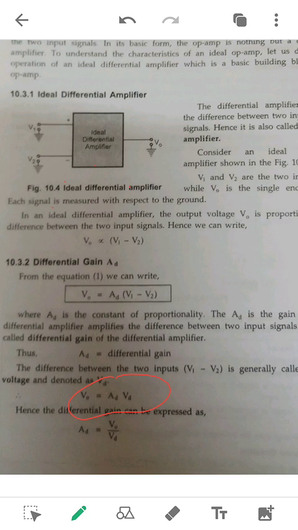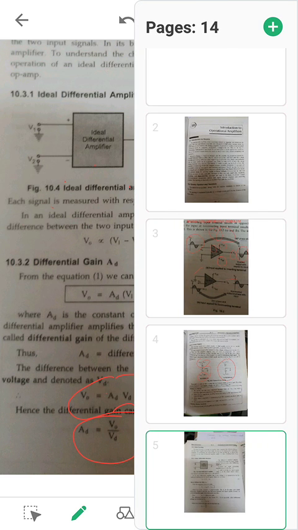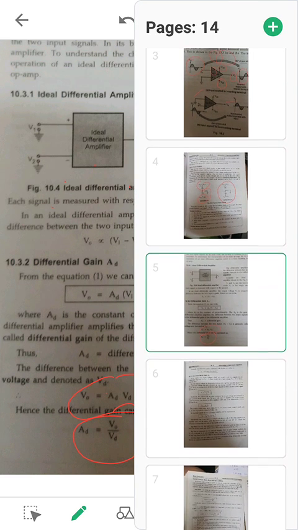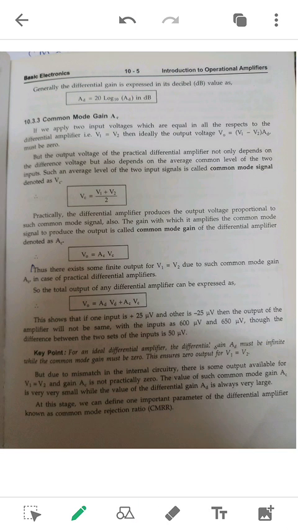Hence, AD can be written as V0 by VD. The gain is also expressed in terms of decibels, dB.